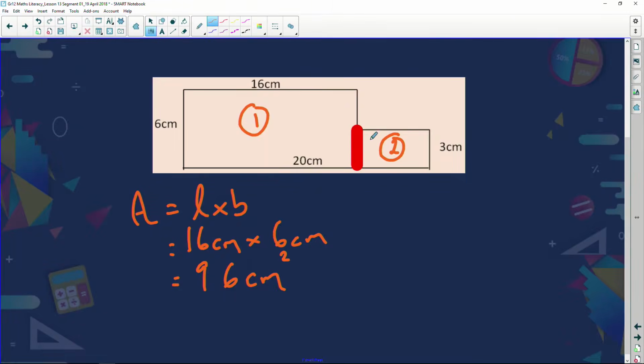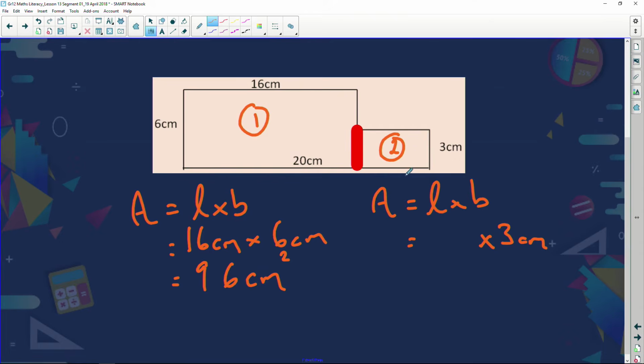Now we look at this little block. And again, it's a rectangle. And I know the formula for a rectangle is length times breadth or length times width. Now, my breadth, I can see here, is 3 centimeters. However, I have a slight problem, and my problem is I don't know the length of this line, but I can calculate it. Let's have a look. This whole line here is 20 centimeters.